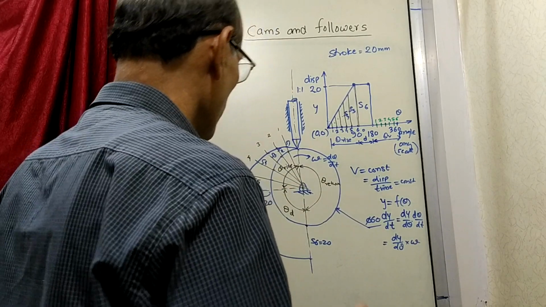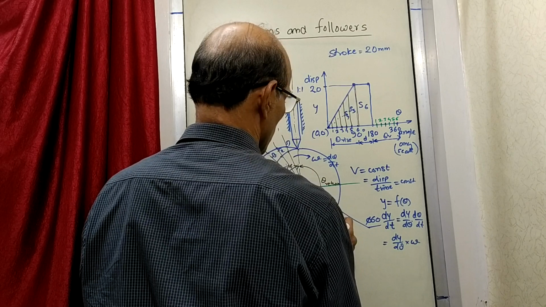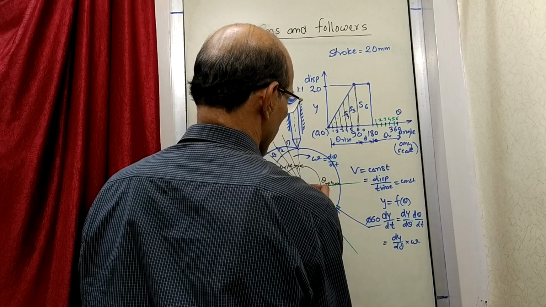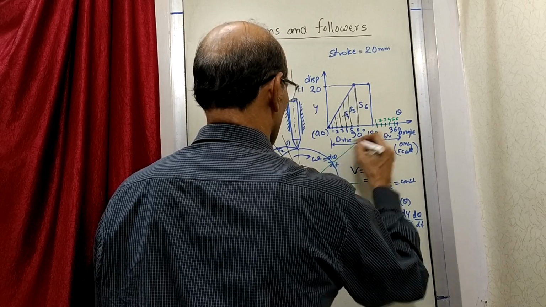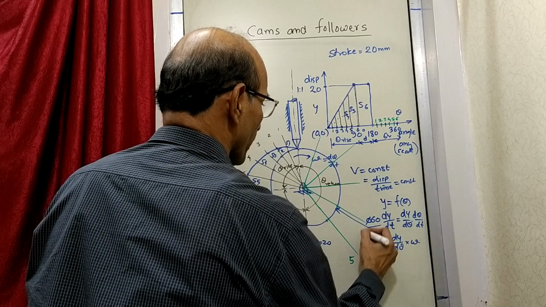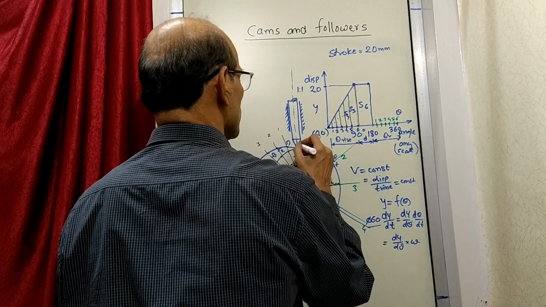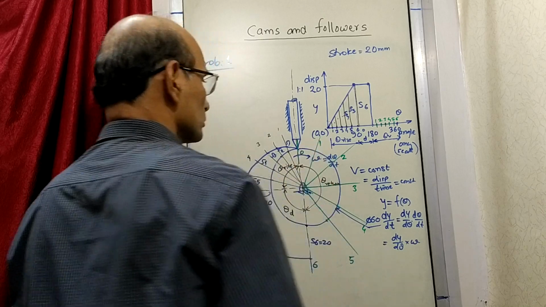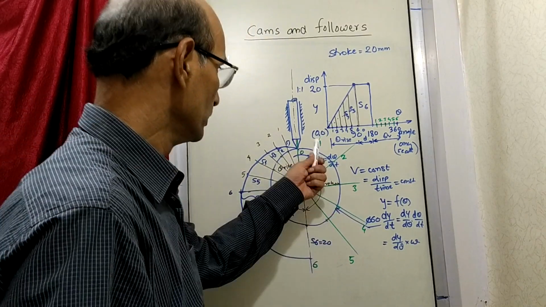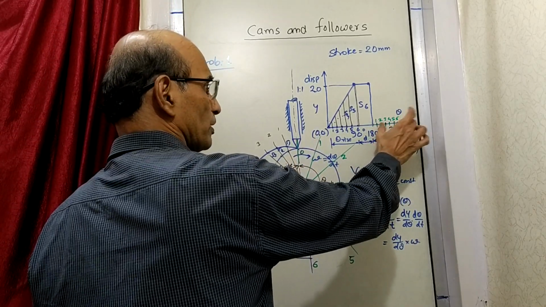Then same way you divide here also into 6 parts. So this is 6, 5, 4, 3, 2, 1 and this line is 0. So we have divided 180 degrees into 6 parts, and this distance also into 6 parts.